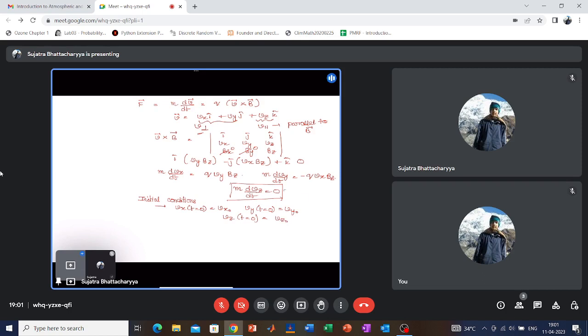Therefore, from this expression it is clear that Vz is constant, and therefore we can write Vz is equal to Vz0. Simple. This is the number one thing which we are getting. Right? Okay. Now we will solve these two. How to do that? Let's see.